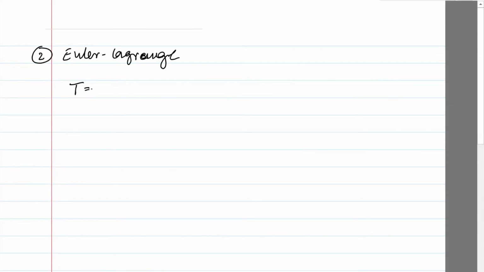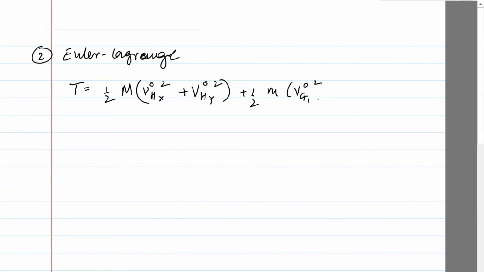That's going to be half m, where m is the mass at the hip, times vh0 in the x direction squared plus vh0 in the y direction squared, plus half m vg1 in the x direction squared, plus half m vg2 in the x direction squared, and 0 is actually for base frame.